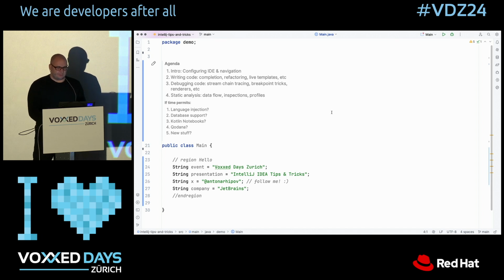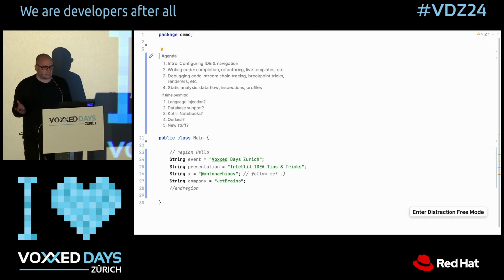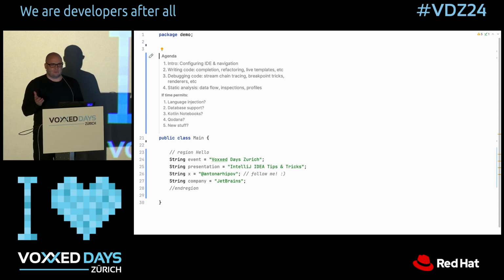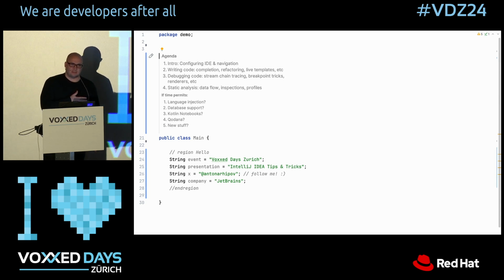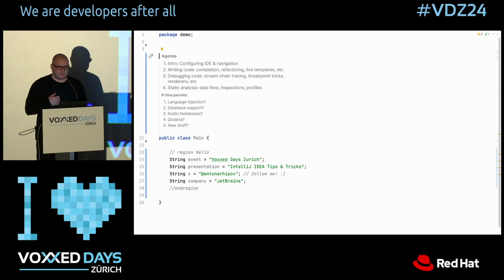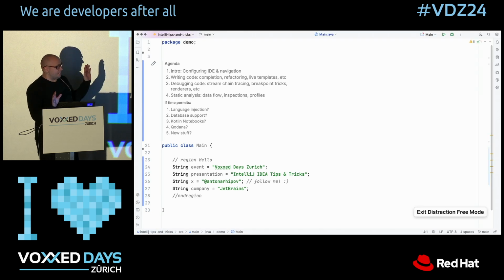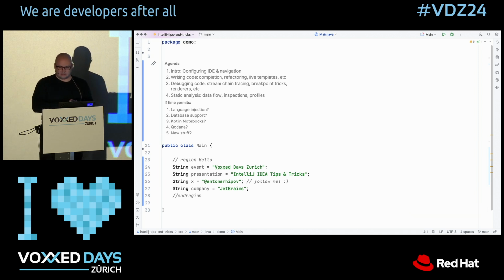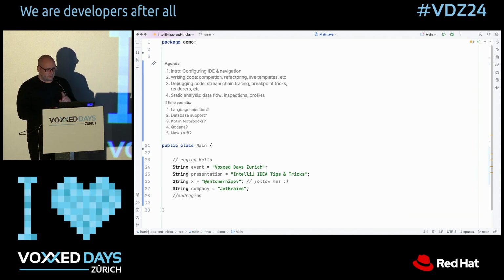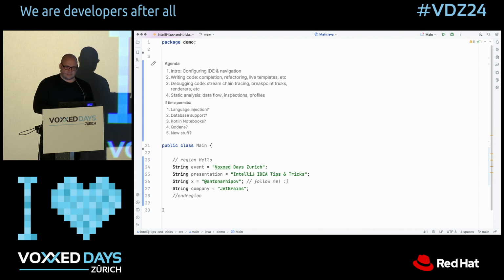In fact, when I'm using IntelliJ in my editing mode, I switch into distraction-free mode like this, so I don't have any toolbars on the side, any headers, and so on. It's just removing the side elements. But what I also reconfigured for myself is not having tabs.